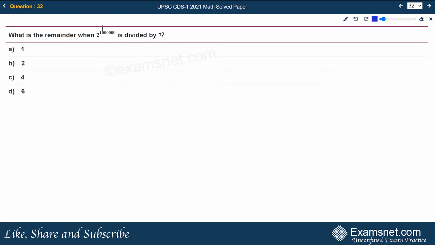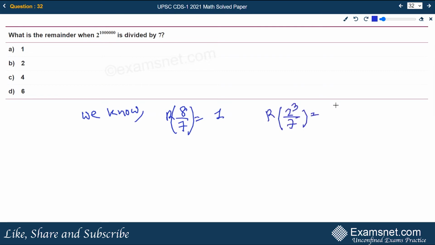We know that when we divide 8 by 7, we get the remainder 1, correct? Now 8 can be represented as 2 cubed, so the remainder is 1. Now look here, 2 to the power 1,000,000. What will be the remainder?